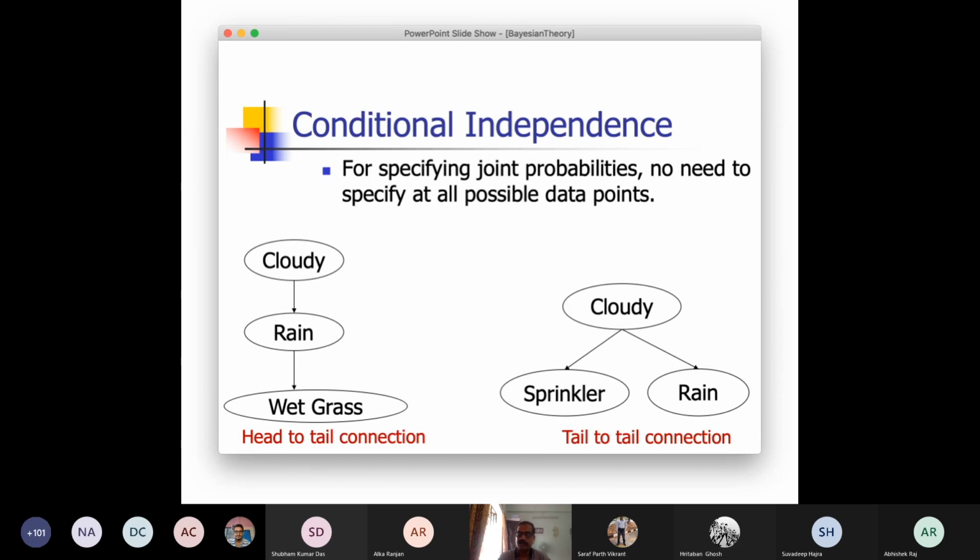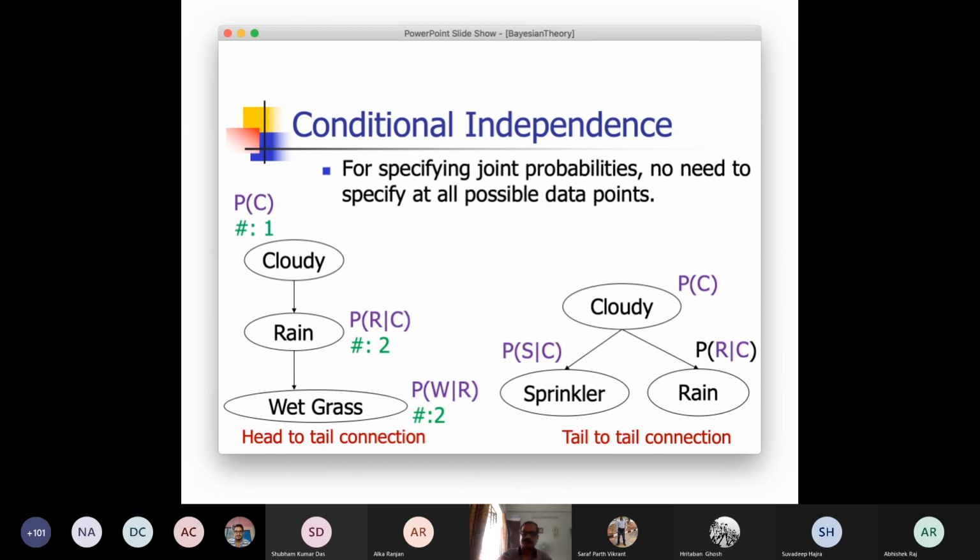There may be moisture in the soil. So there is a probability that if the sky is cloudy, the sprinkler would be on or would be off. And similarly, there is a probability that it would rain or not. So given the sky is cloudy, the probability distributions of sprinkler and rain are conditionally independent.